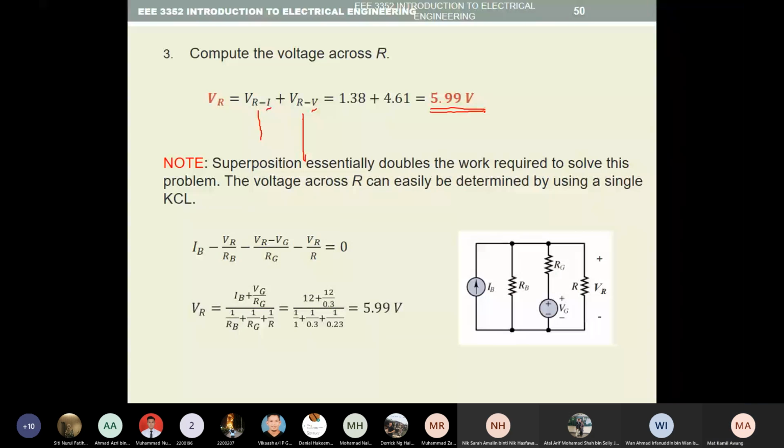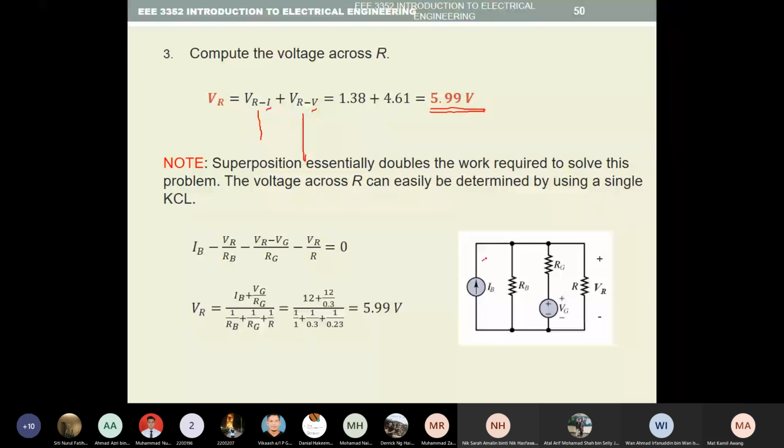Note, superposition essentially doubles the work required to solve this problem, because you need to do twice the amount of calculation. Whereas the voltage across R can easily be determined by using a single KCL equation.